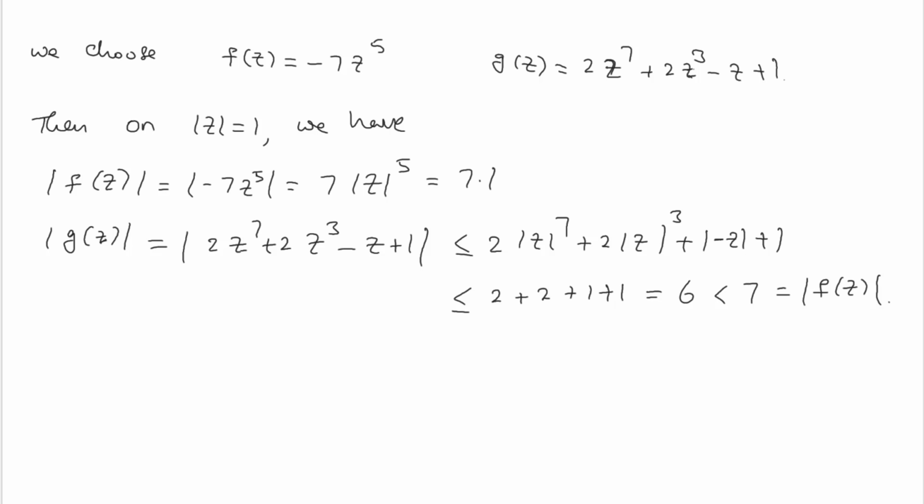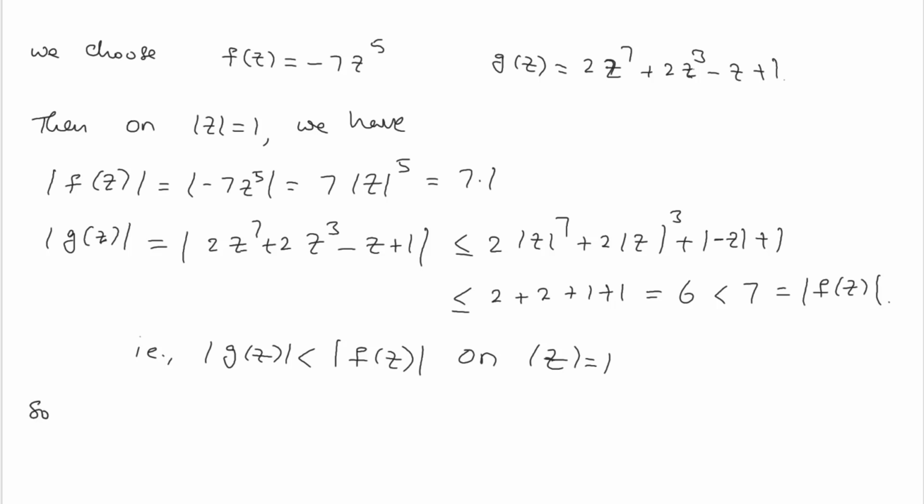So in total we have that modulus of g of z is less than modulus of f of z on the circle mod z equal to 1.